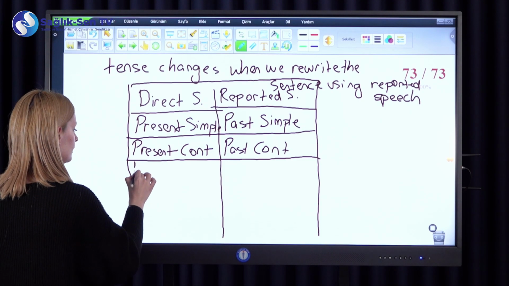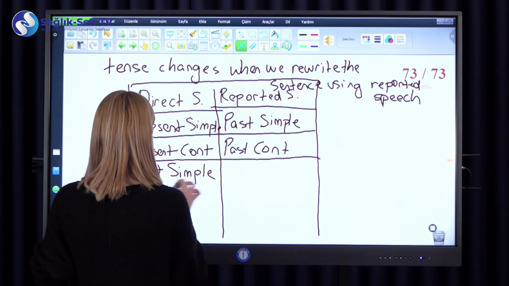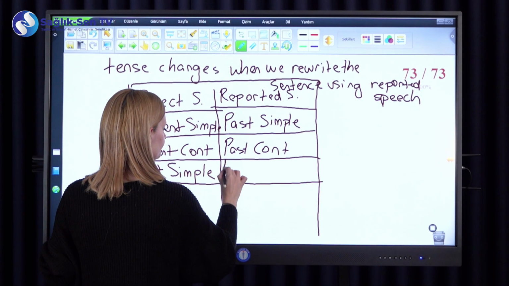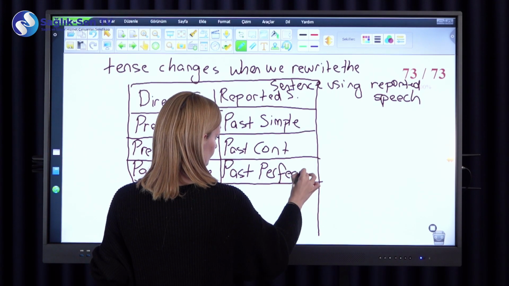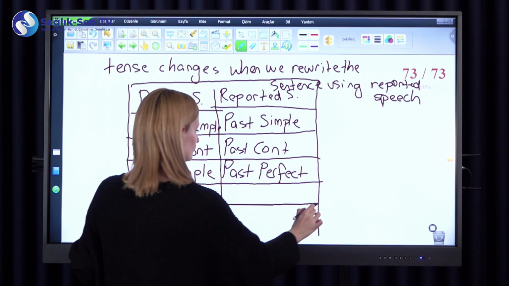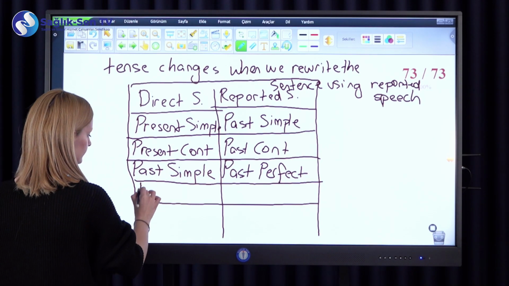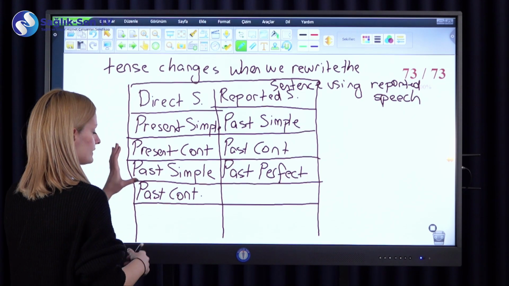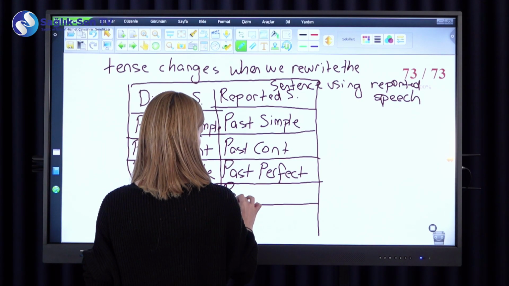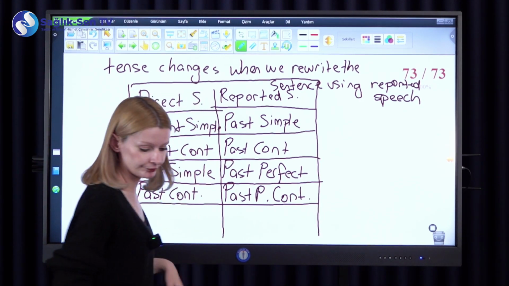If I used past simple, then it will be past perfect. If I used past continuous, it will be past perfect continuous.